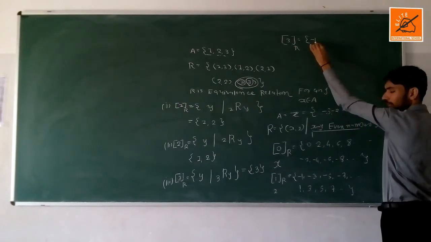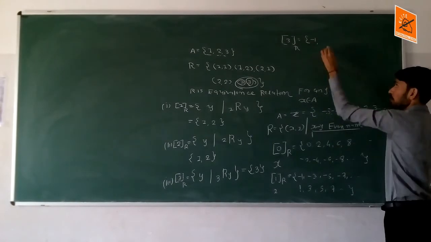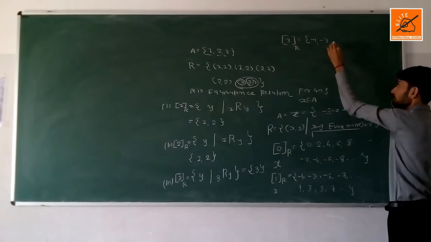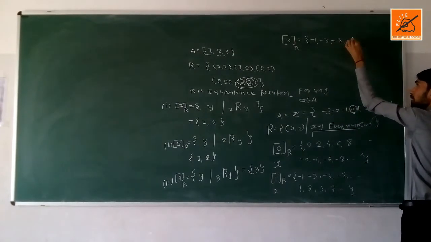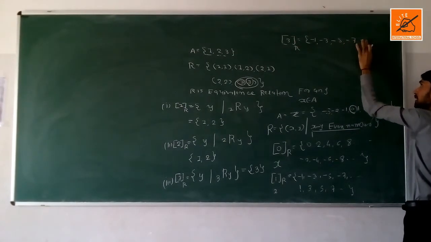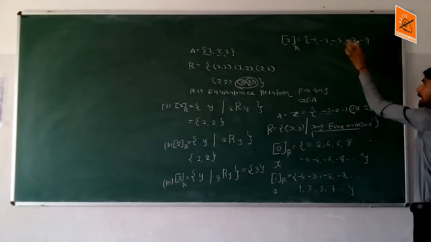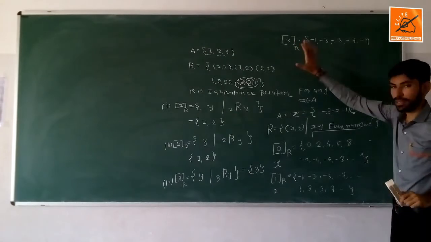So -1 is related to 3. Similarly -3, -5, -7, -9. So all these elements are related to 3.